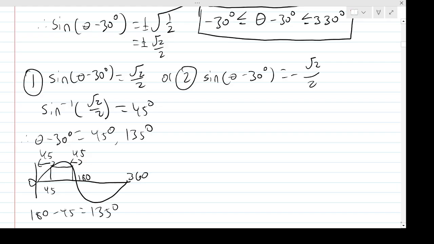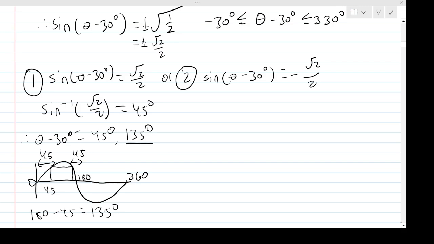Those are the two solutions between 0 and 360, but we need to also consider the negative angles as well, because it's not 0 at the end, it's minus 30. So we can go backwards by subtracting 360. Once we found the first two solutions, we can add or take away 360s, because that's when the graph repeats, to get other solutions.